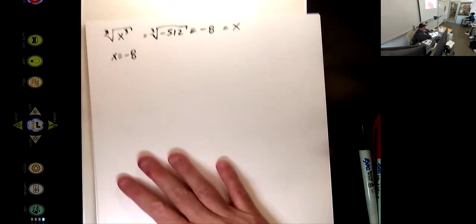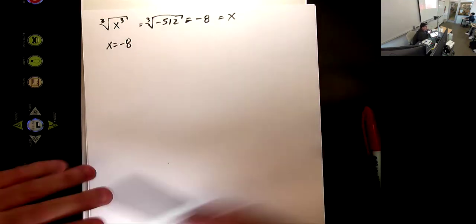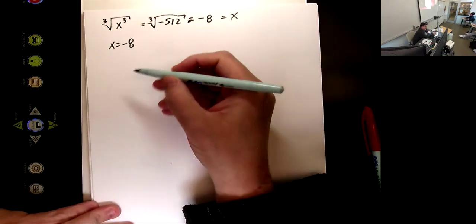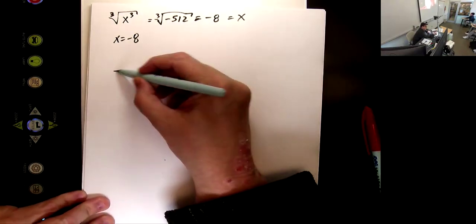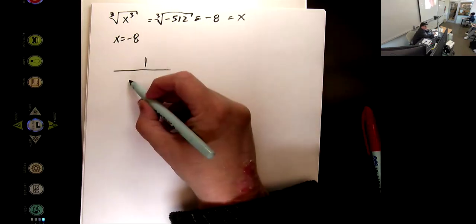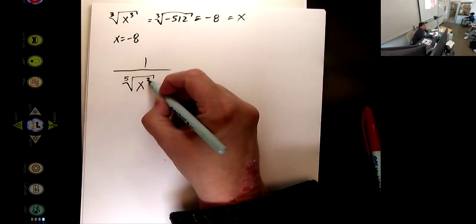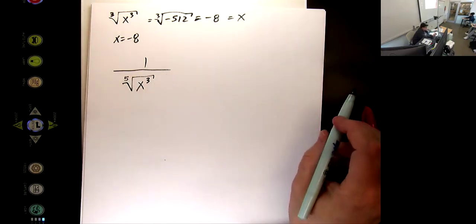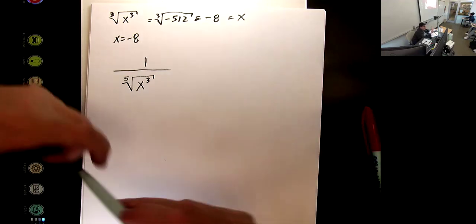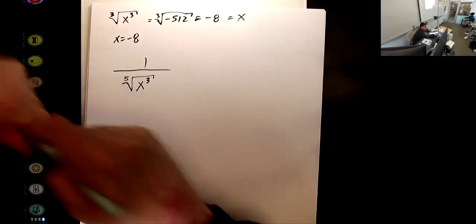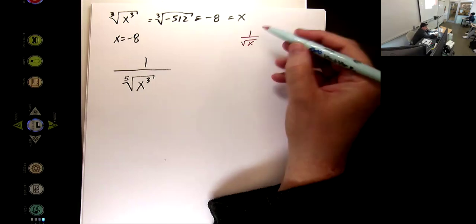All right. One more fun thing. We want to clear that radical out of the bottom. So let's say I've got 1 over the 5th root of x cubed. This is a little different than the easier one. If we just did 1 over square root of x, we don't want a radical on bottom.